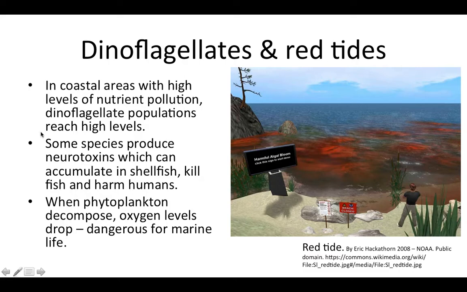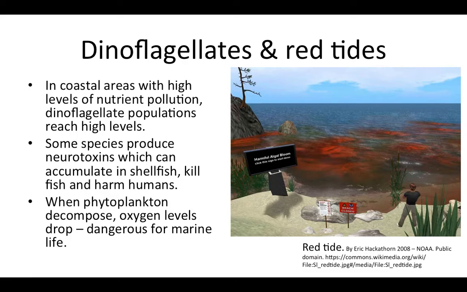When the dinoflagellates reach high levels, unfortunately, some species can produce neurotoxins. And the neurotoxins then are abundant in the water, and they can accumulate in shellfish, which is eventually bad for the shellfish, but also bad for humans who eat those shellfish.